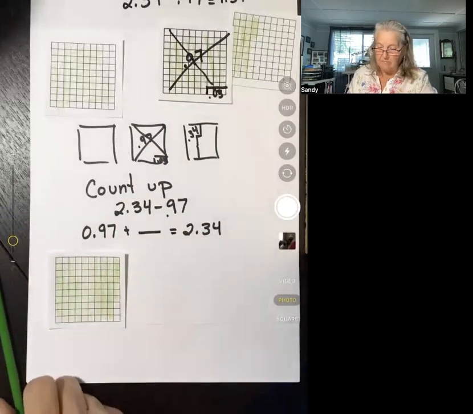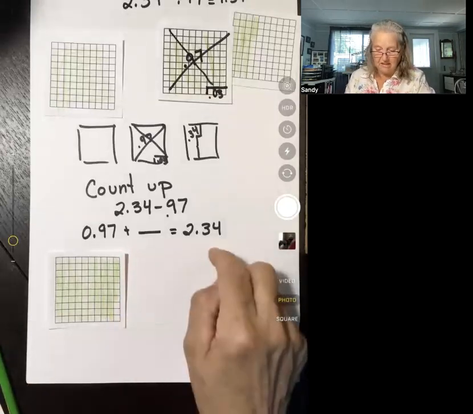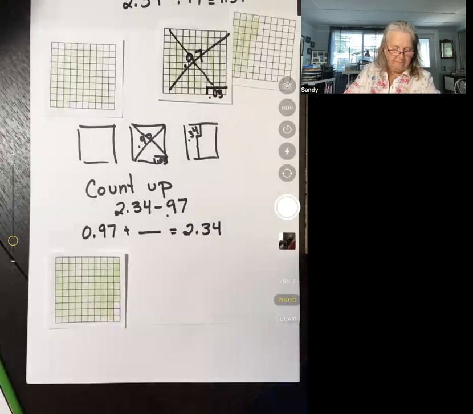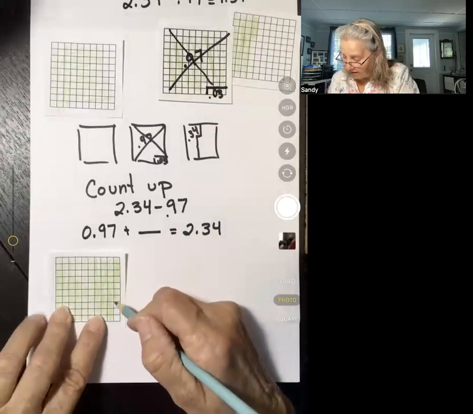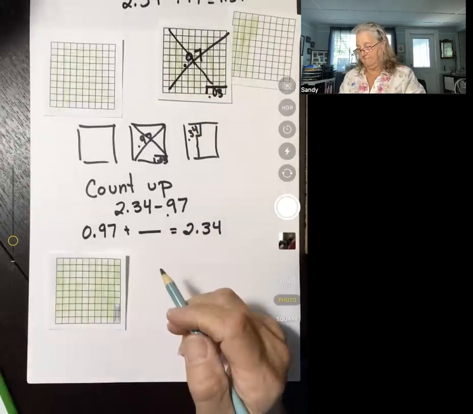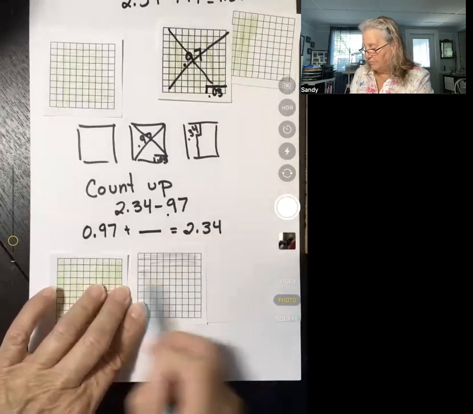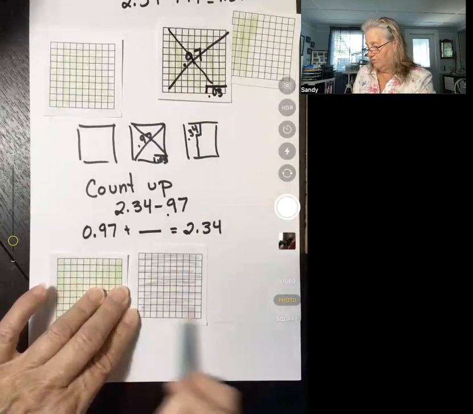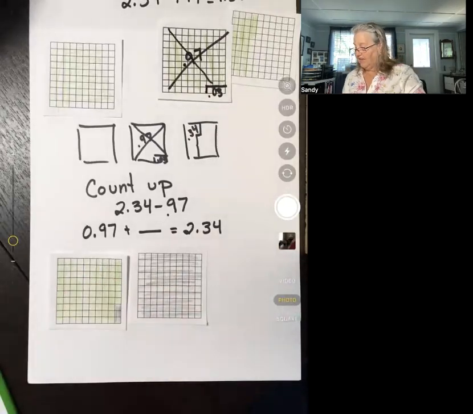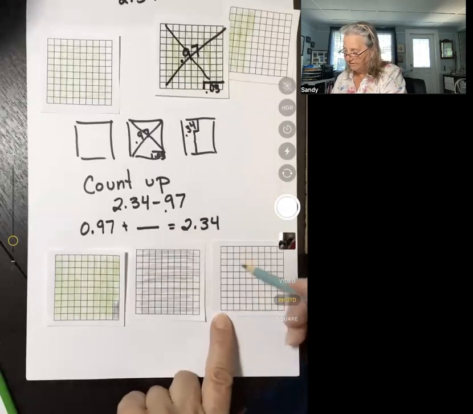Okay. And my goal is trying to figure out how many more to get me to that 3400ths. So what do I have? 300ths gets me to 1. Then I've got this one gets me to 2. And then I just need to get to 34 hundredths.